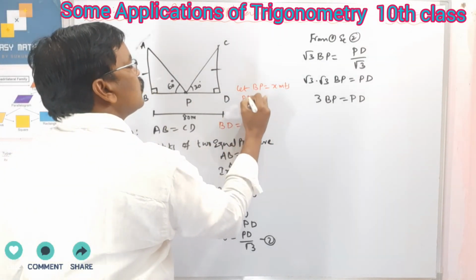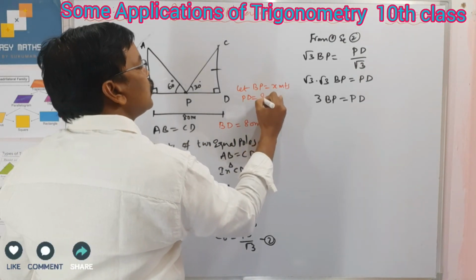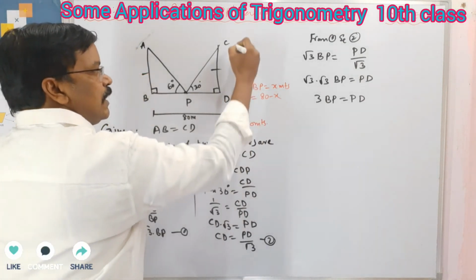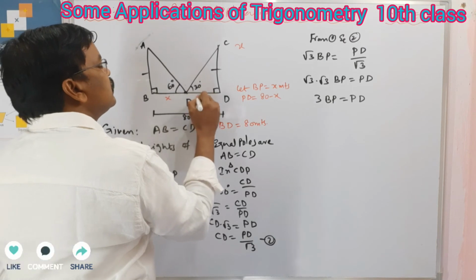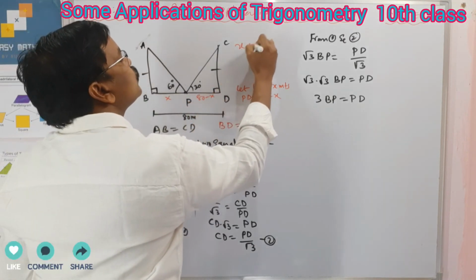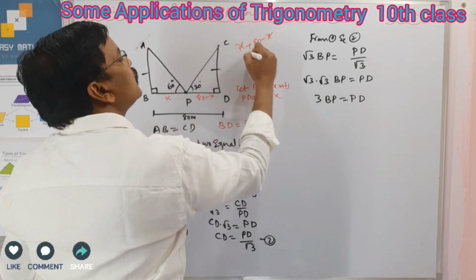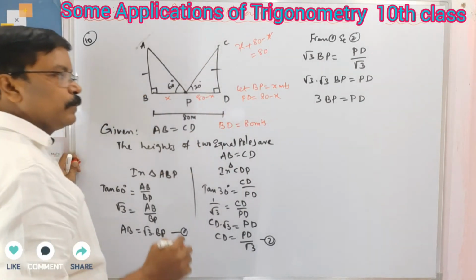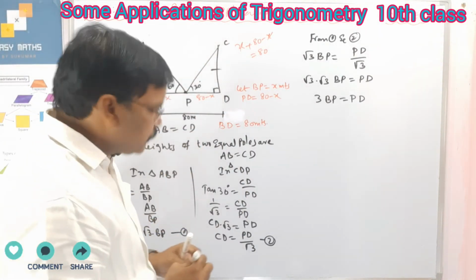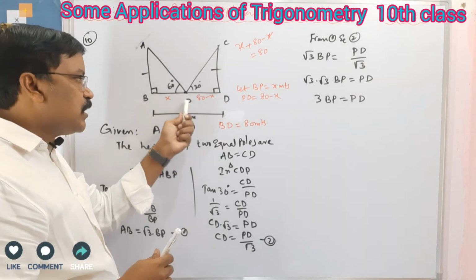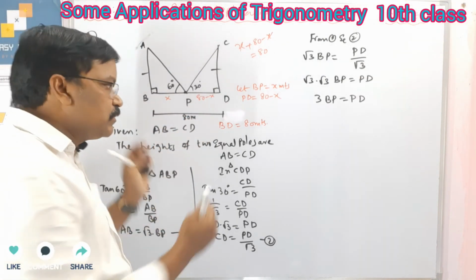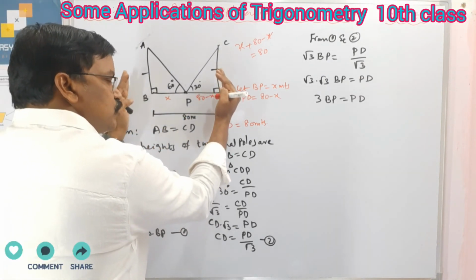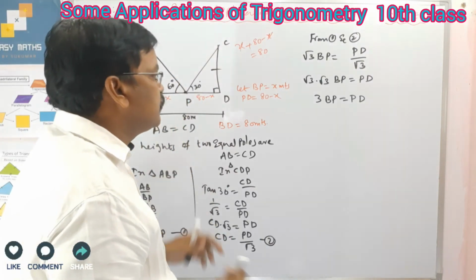What is PD now? PD is equal to 80 minus x. Why? x plus 80 minus x is 80 meters. So BP is x and PD is 80 minus x, because the distance between the two poles is 80 meters.